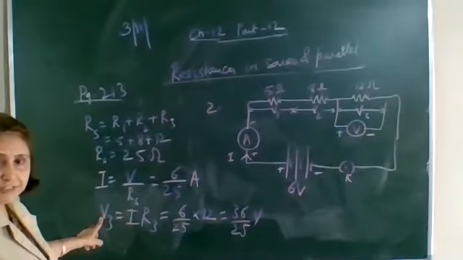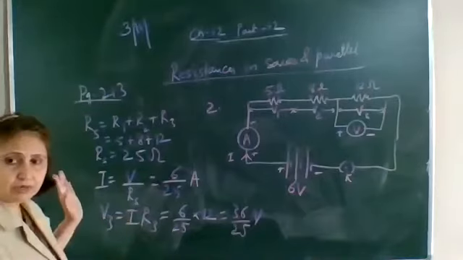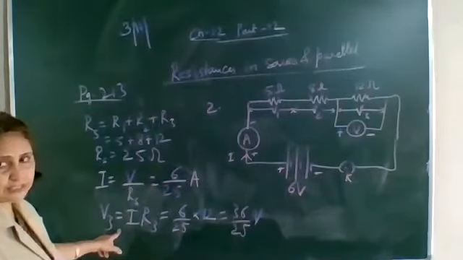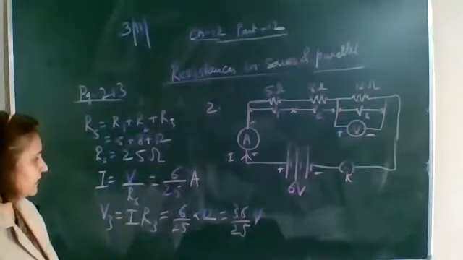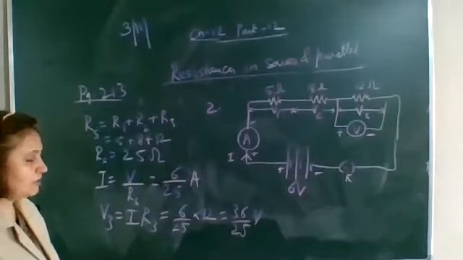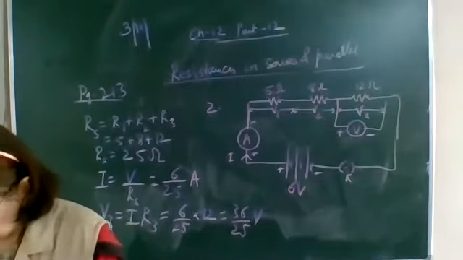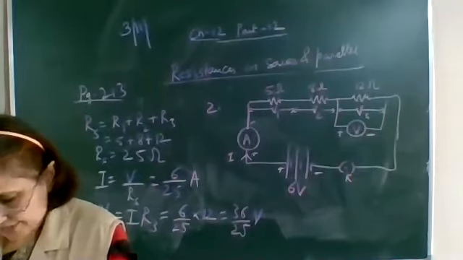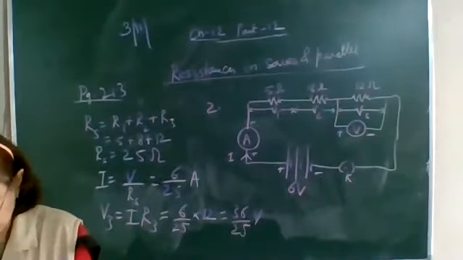The voltmeter reading, which measures the potential difference across the 12 ohm resistance, is equal to I into R3. The current flowing through R3 is I only. So 6 by 25 is the current, into 12, that is 36 upon 25 volts. So we have completed resistances in parallel also. Now come to page number 214.